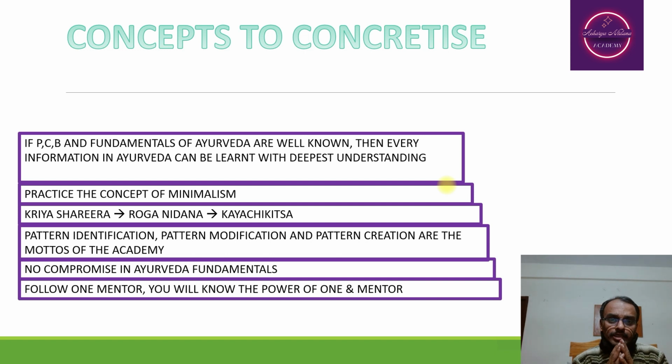Extended learning of Kriya Sharira is nothing but learning Roga Nidana. Extended learning of Roga Nidana is nothing but Kaya Chikitsa. So it is interlinked from one to the next. That is how we should learn, from the known part to the unknown part. That should be the way of learning. Then we can have lifelong learning on one particular topic.